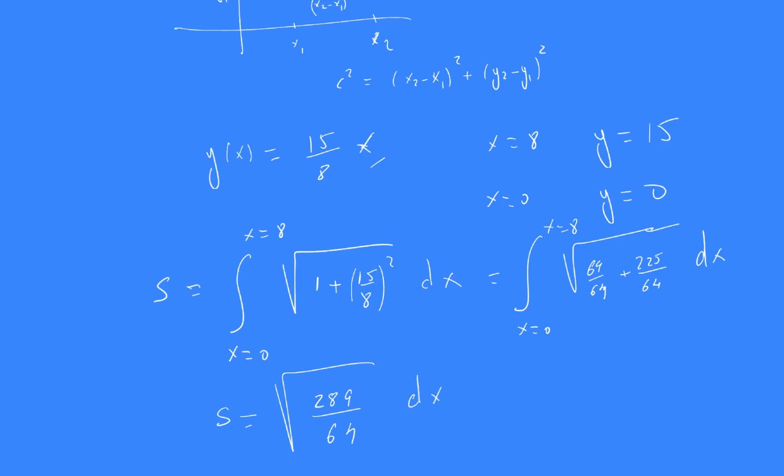But the square root of 289 divided by 64 can go out of the integral from x equals 0 to x equals 8 because it's a constant, and the integral of dx between 8 and 0 is 8 minus 0, or 8.